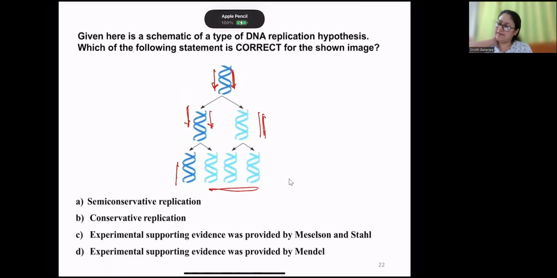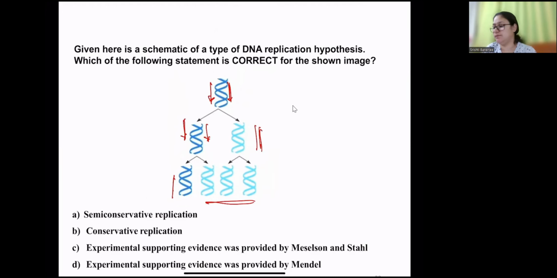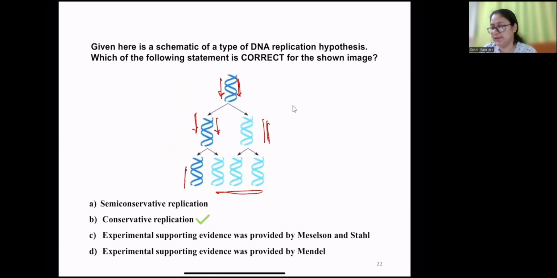What mode of replication is this? Yes, it is conservative.